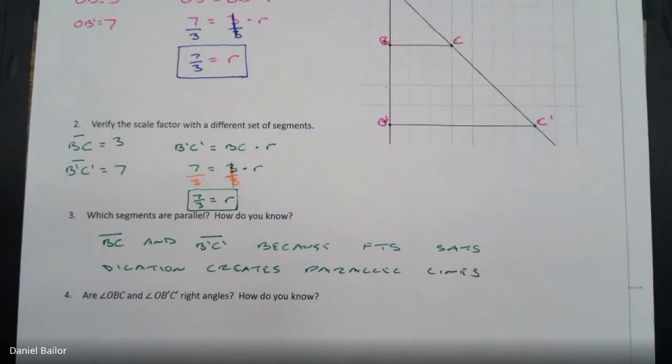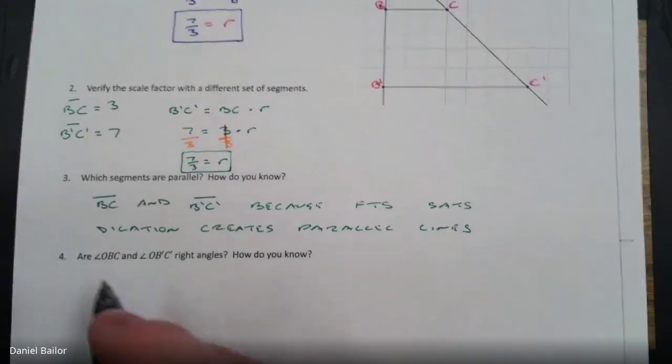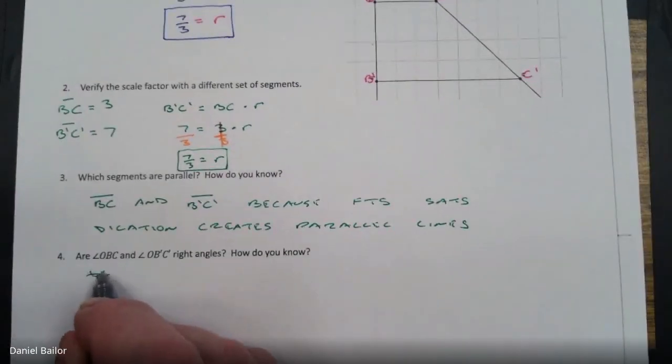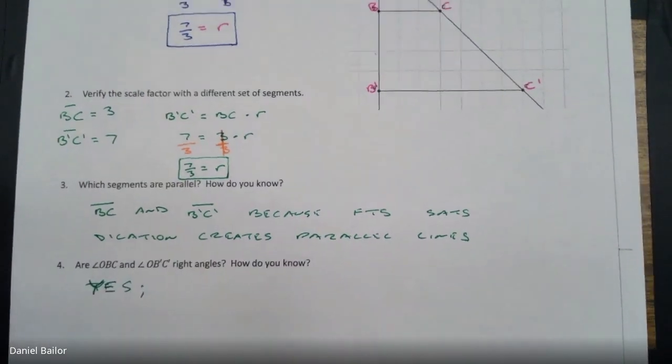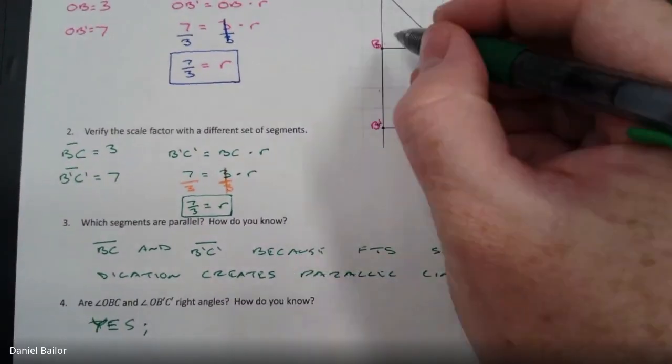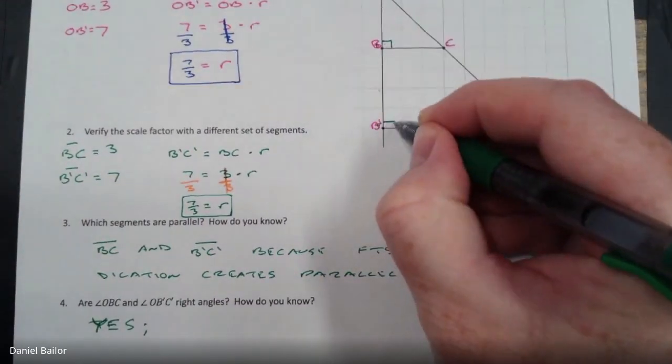And number 4, last question on this. Are angle OBC and OB prime C prime right angles? And how do you know? Yes, they are right angles. How do we know this? Well, look at them. These are perpendicular.